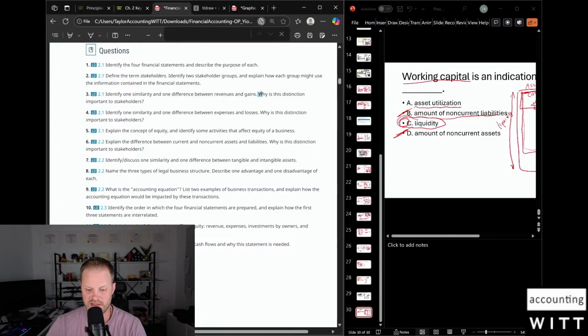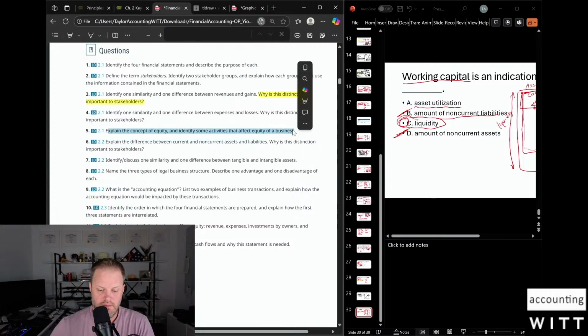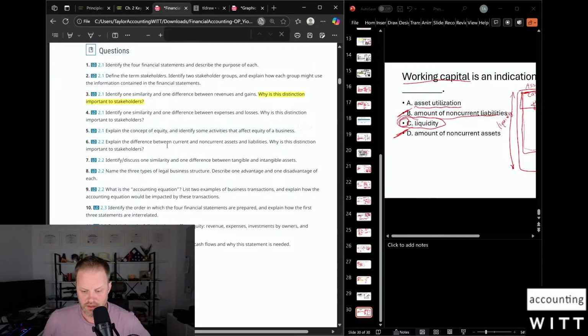Why is that distinction important to stakeholders? We should come back to that. We didn't touch on that. Identify one similarity and one difference between expenses and losses. Same, so it's the same kind of question. Explain the concept of equity and identify some activities that affect equity of a business. I like that. Explain the difference between current and non-current assets and liabilities. We didn't go over that.